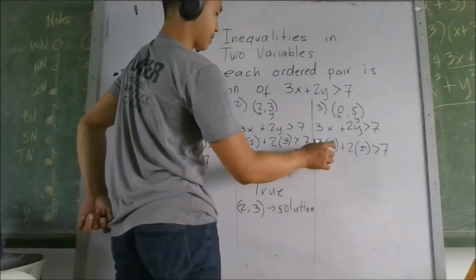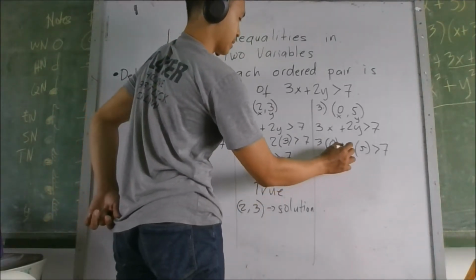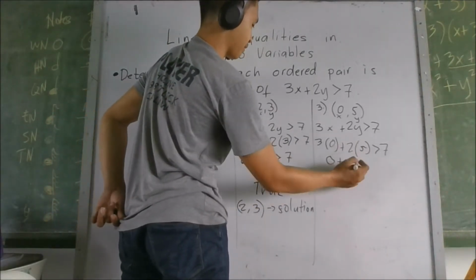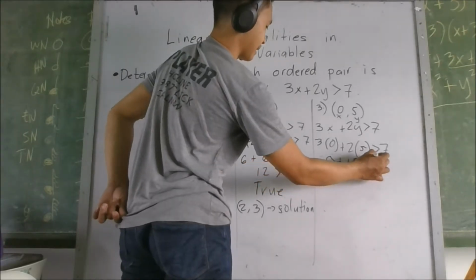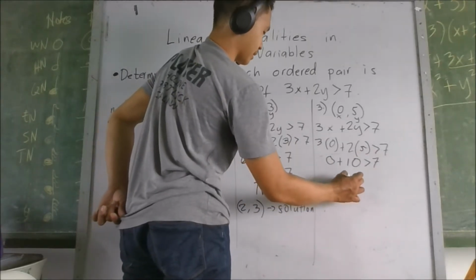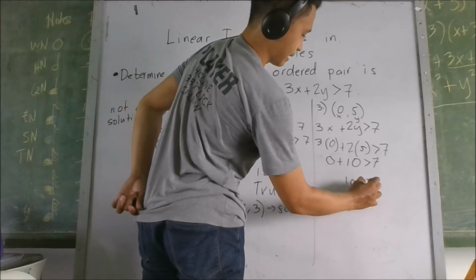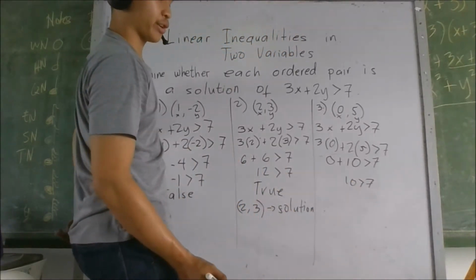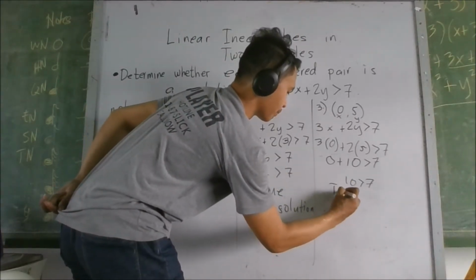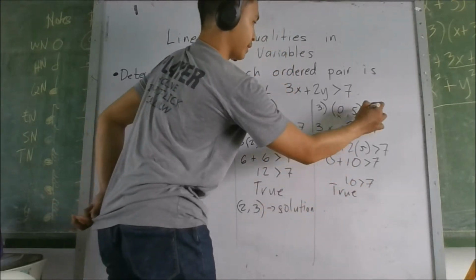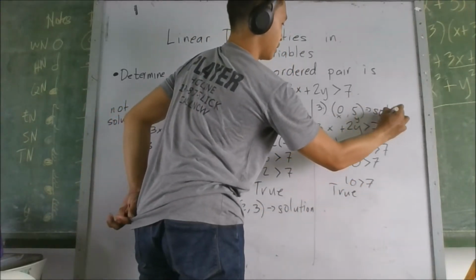Okay? 3 times 0 is 0, plus 2 times 5 is 10, greater than 7. So therefore, is 10 greater than 7? Is it true or not? It is true. Right? So therefore, this one is also a solution to our inequality.